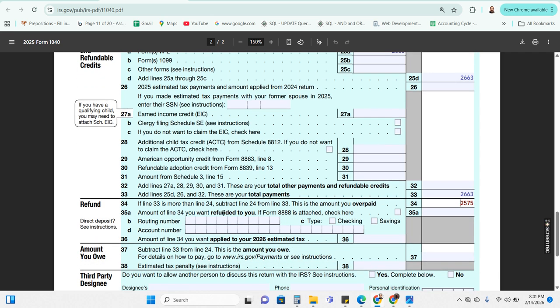Amount of line 34 you want refunded to you, if form 8888 is attached, check here. Line 35a, which is 2,575. Routing number, account number. Understand, ladies and gentlemen? Same.